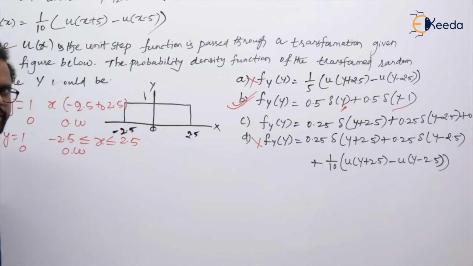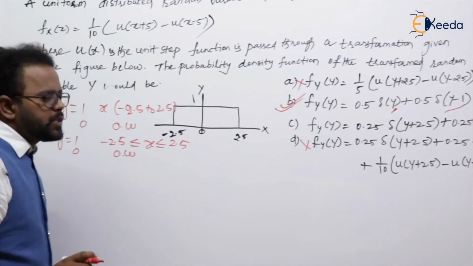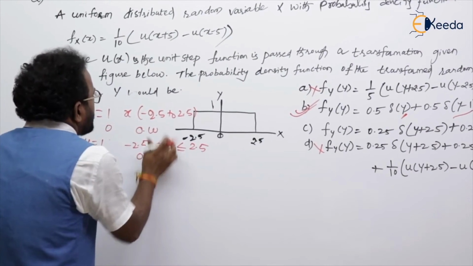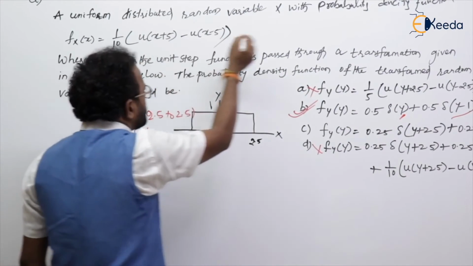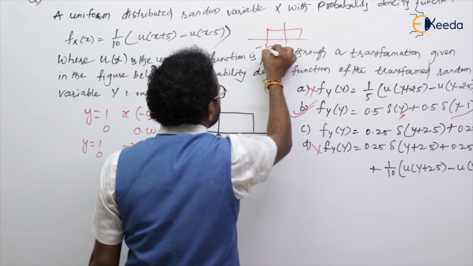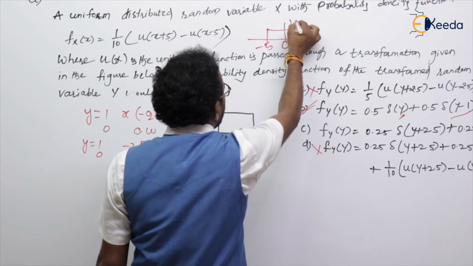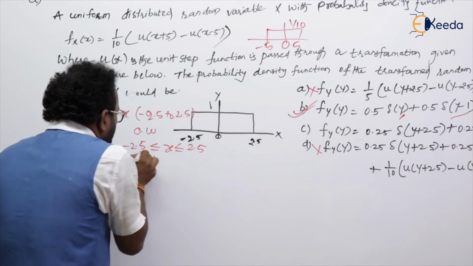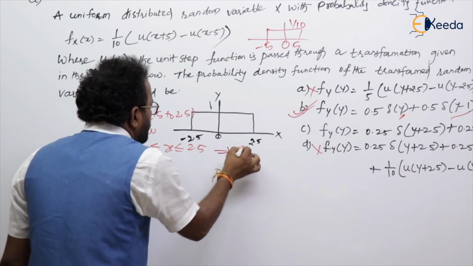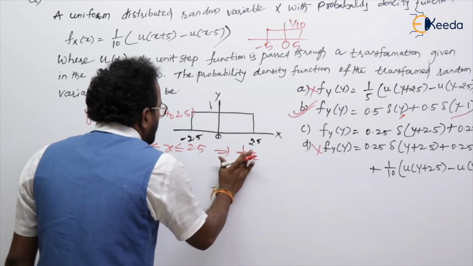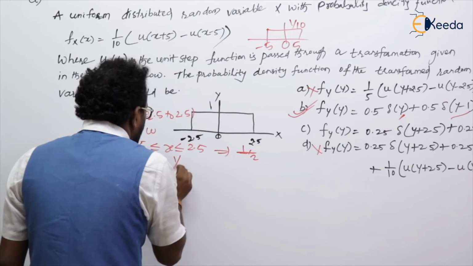And even if we observe the probability values, it is the same, because the x value has a uniform distribution from minus 5 to plus 5, 1 by upper limit minus lower limit. Then if you calculate from minus 2.5 to plus 2.5, exactly 1 by 2 will come, and the other value is also 1 by 2.